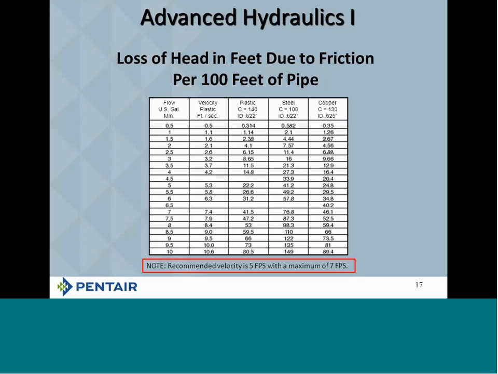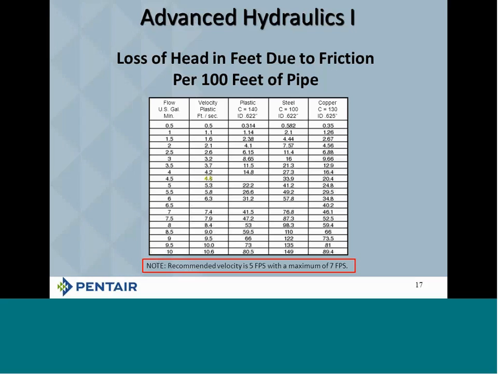The outside diameter stays the same, but the wall gets thicker as your pipe gets heavier. And so, of course, as the wall gets thicker, you're going to have a smaller ID because the OD stays the same. And because you have a smaller ID, it also means that you're going to increase that velocity, and that will change the friction loss.